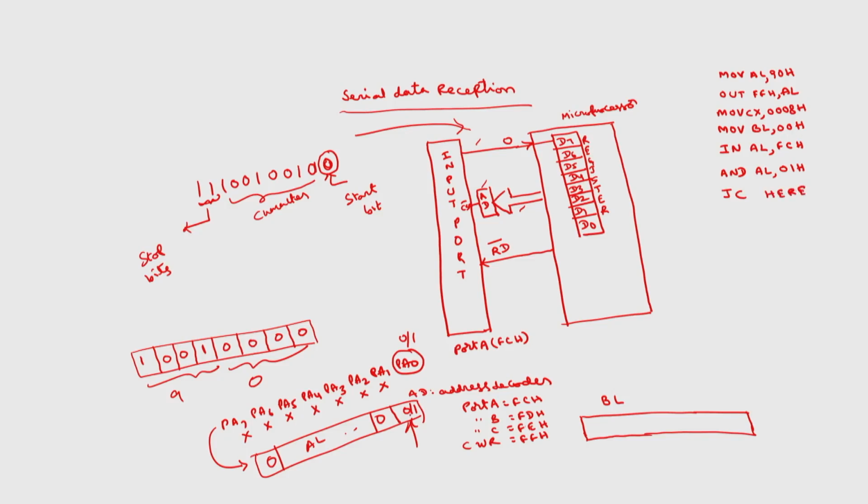I have shifted this bit to the carry flag with ROR. Sorry, after this we have to write ROR AL, 01H, so that the last bit, which is the bit received on PA0, will transfer to the carry flag. If this is 0, then this will be false, meaning that is a 0 bit. Otherwise, if this is 1, it means this is not a valid character.